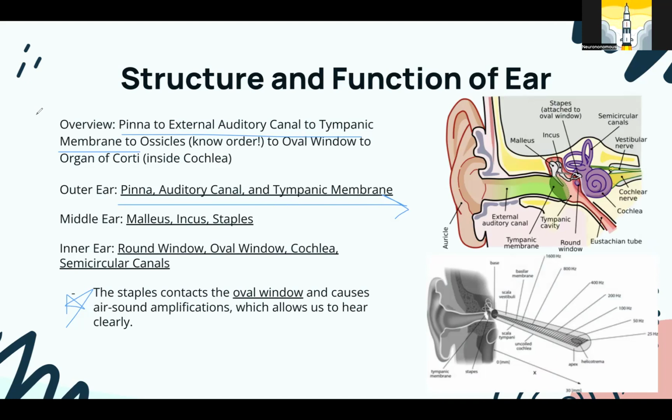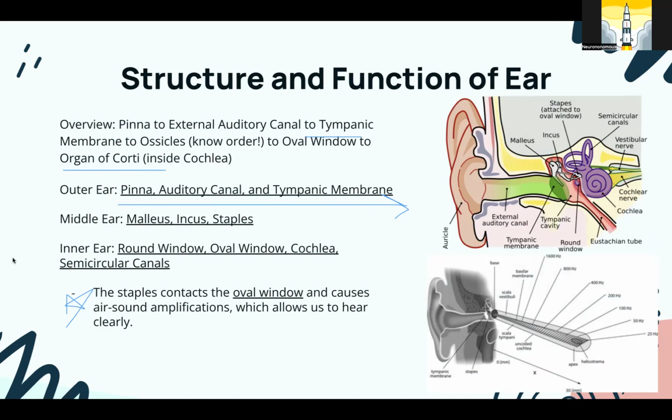The cochlea is responsible for our ability to hear. And we know from earlier in this video that there's an organ called the organ of Corti inside the cochlea that allows external signals to be translated into signals that the brain can interpret.